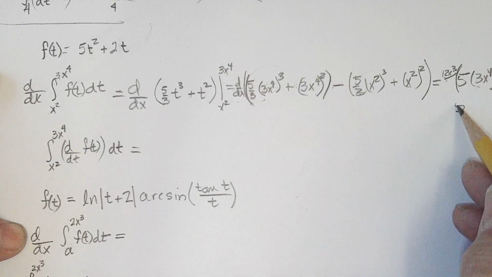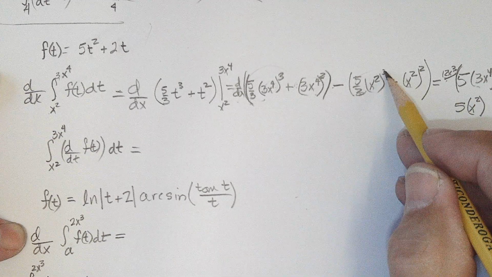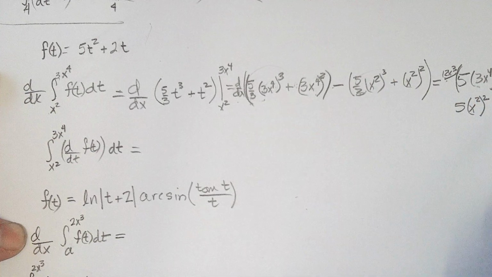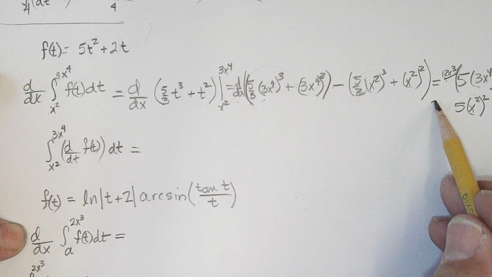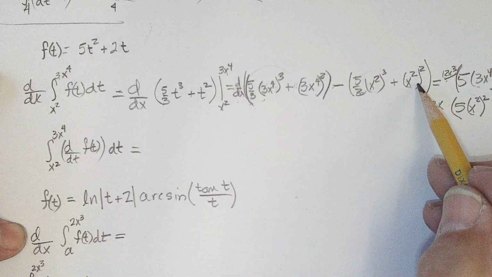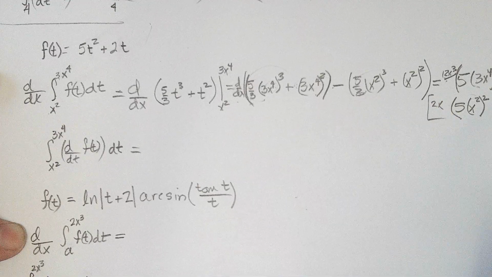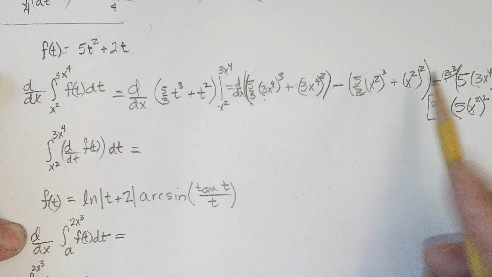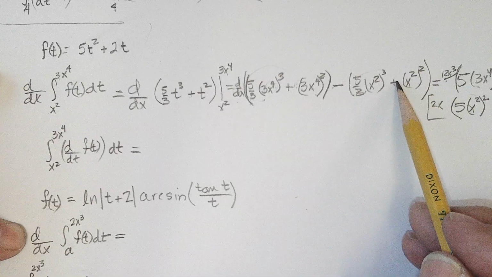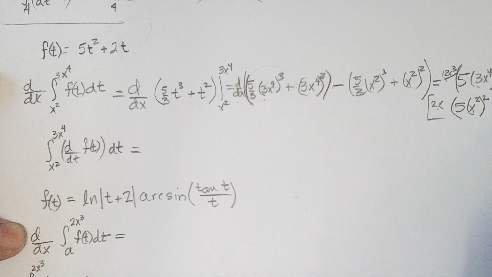So I'm going to get 5x squared to the 2 times the derivative of the inside, so it's times 2x, plus derivative of this, and it's minus all of this, so I better put parentheses, minus all of this. Derivative of this is going to be 2 times x squared times the derivative of the inside, 2x. So I'm going to have 2 times x squared.